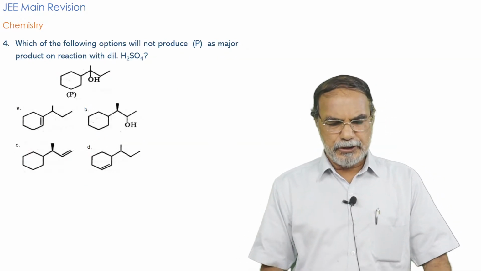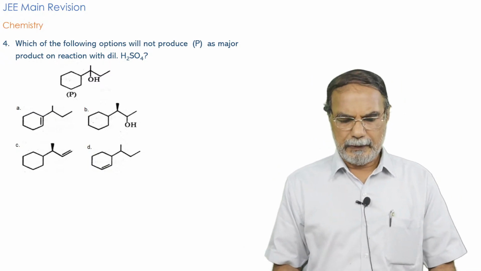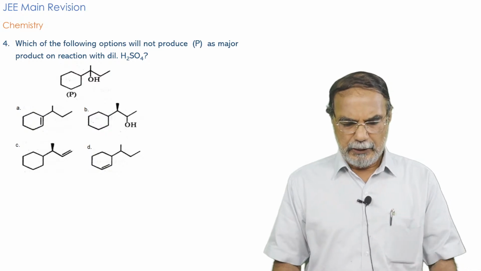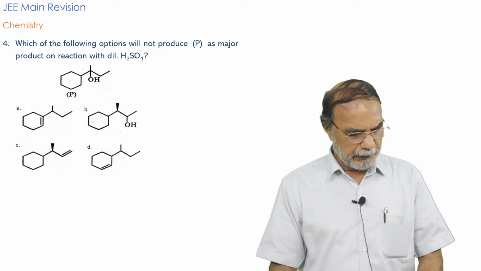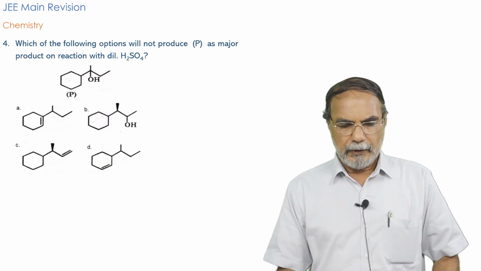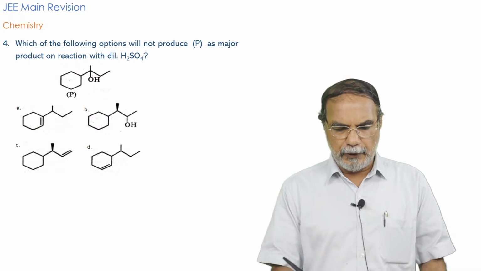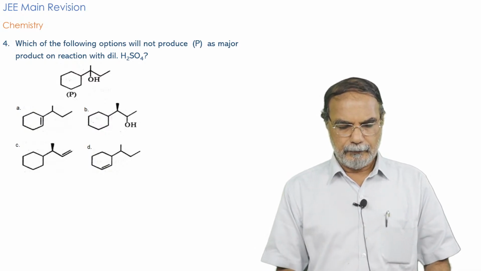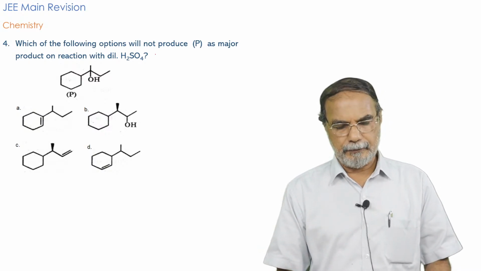Now coming to question number 4, a reaction which actually requires some amount of thinking. What is the question? Which of the following options will not produce P? Now can you produce P starting from A by reaction with dilute sulfuric acid?